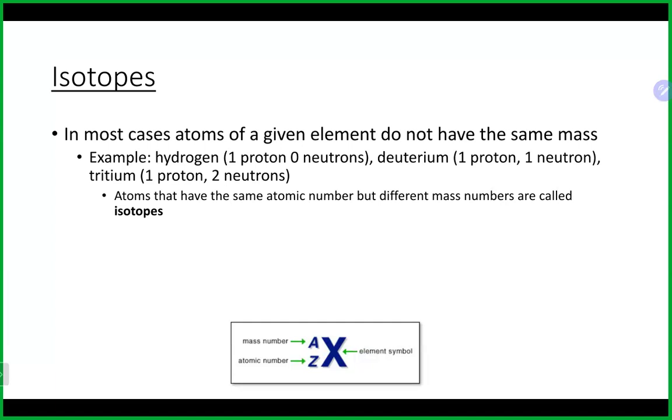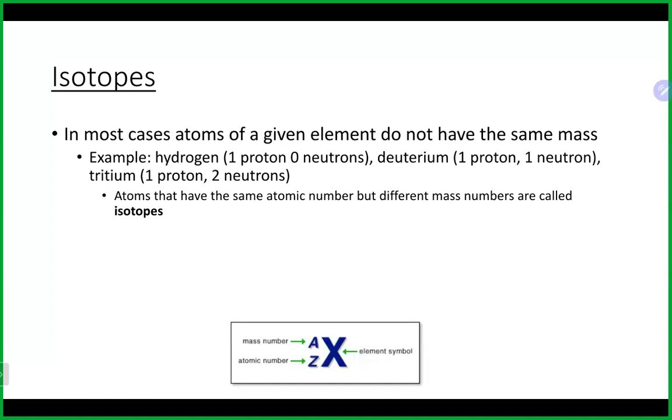Every single element has protons, electrons, and neutrons except our friend hydrogen. Hydrogen has a proton. Hydrogen has an electron. Hydrogen does not have a neutron. It has a proton and an electron, no neutrons. But every other element will have all three of those things: protons, electrons, and neutrons.